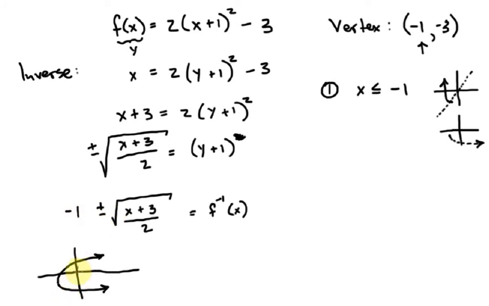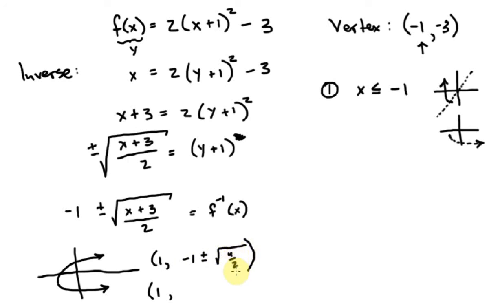Well, look at a point like, if you plugged in, actually 0 doesn't work that well. What if we plugged in 1? If I plugged in +1 here, what would I get? So this is saying x is 1. Then y would look like this. I would get -1 plus or minus the square root of, and I'm plugging in 1, so 1 plus 3 is 4, 4 over 2. So I would have -1 plus the square root of 2.